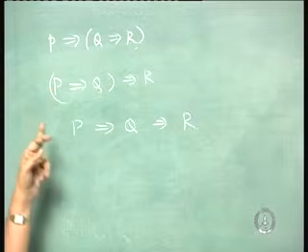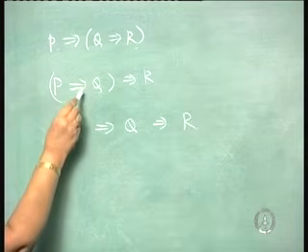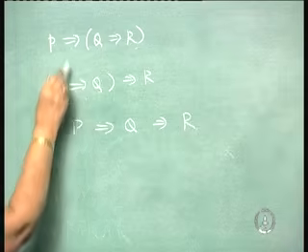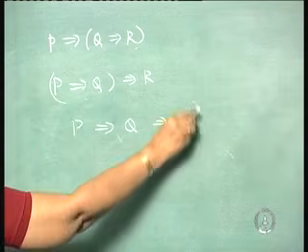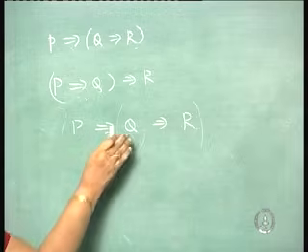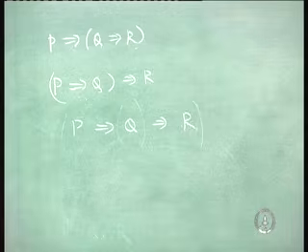You can draw the truth table and verify that this has got a different value, this has got a different one. They are not the same. So, you cannot write something like this. You have to put parenthesis wherever you mean this or you mean that. So, implication is not associative.